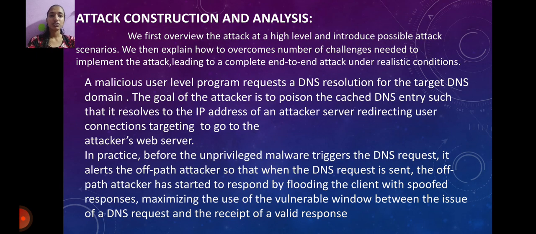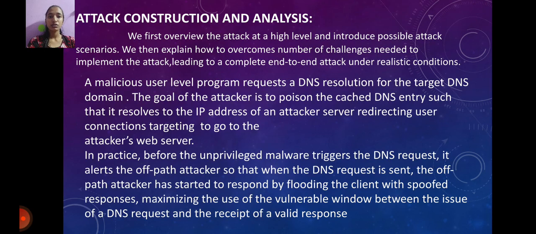Attack construction and analysis. We first overview the attack at a high level and introduce the possible attack scenarios. We then explain how to overcome a number of challenges needed to implement the attack, leading to the complete end-to-end attack. Realistic conditions.